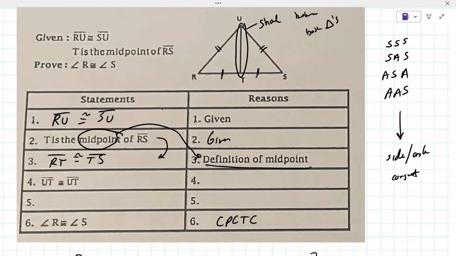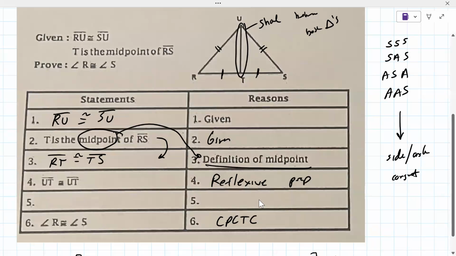I'm congruent. Well, you're reflective, right? So the reflexive property, not quite the same, but reflexive property. Because the RUT triangle is reflecting, it's the same side on the other side with the UST. So that line, okay.